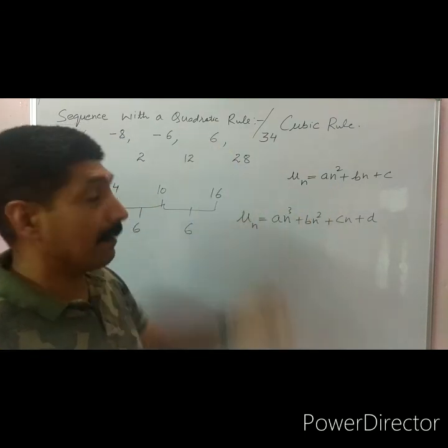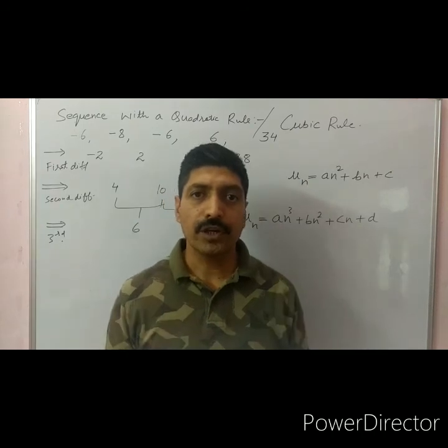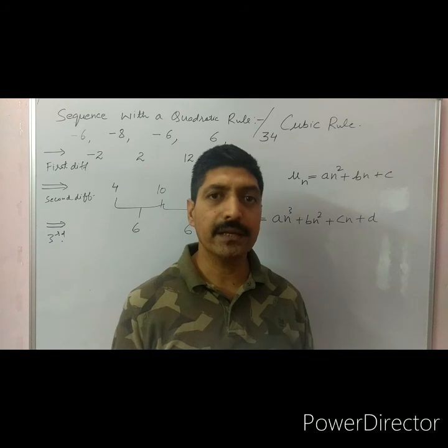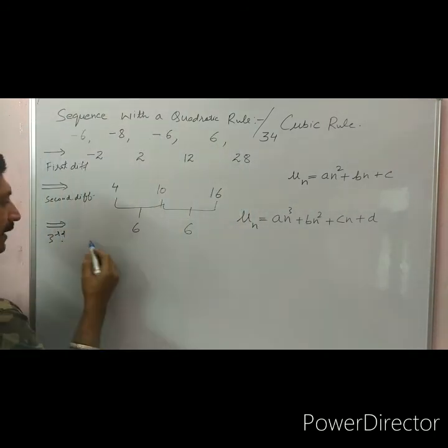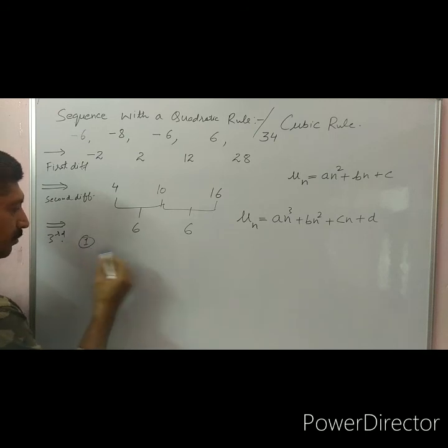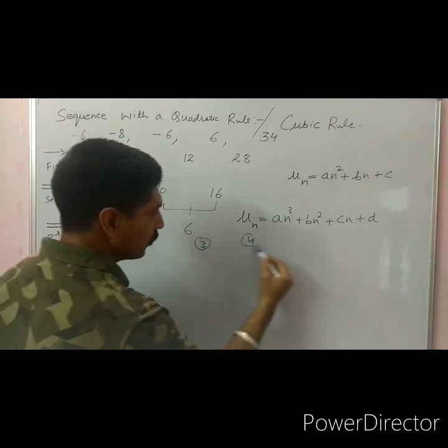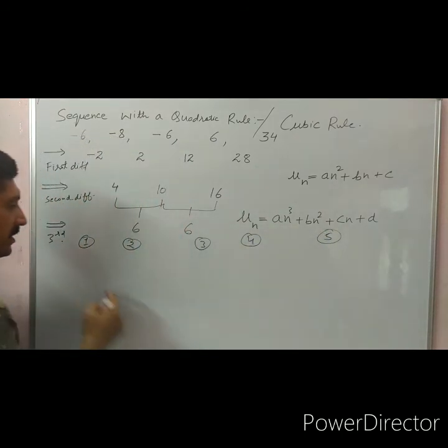Let's take another example of a sequence where we will apply the quadratic rule. For the quadratic rule, we can take the terms of the sequence. If these are the first, second, third, fourth and fifth positions of the sequence, the first term is a plus b plus c.